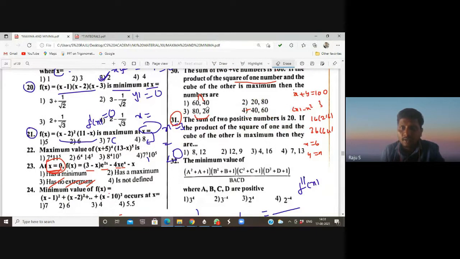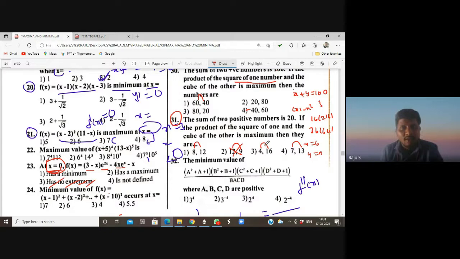See here, the sum of the two positive numbers is 20. Okay, 18 and 12, is it 20? No, it is not 20. This is 20. Fine, 7 and 13. So the answer might be 8 and 12, or 4 and 16, or 7 and 13. And the product of the square of one and the cube of the other is maximum.